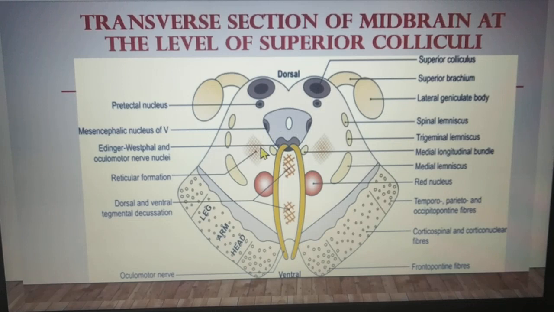The next nucleus we see in the periaqueductal region is the mesencephalic nucleus of the trigeminal nerve, which we have seen at the inferior colliculus level also. A very interesting feature of the trigeminal nerve is that its nuclear complex is located throughout the brainstem.